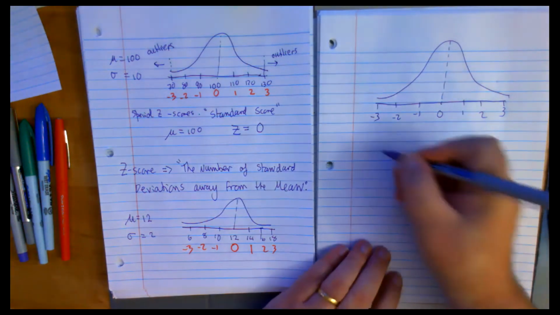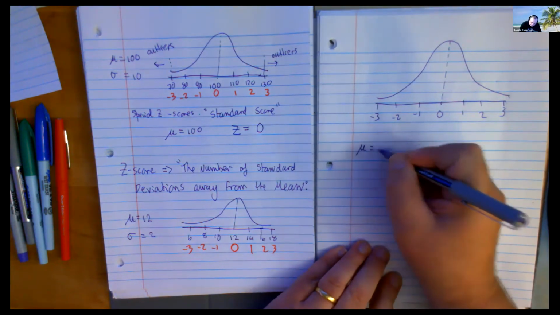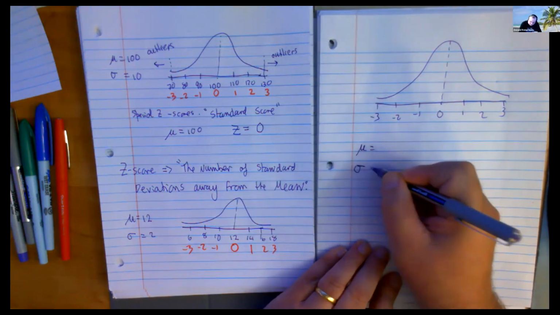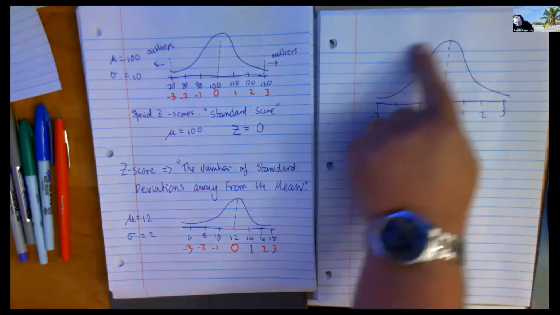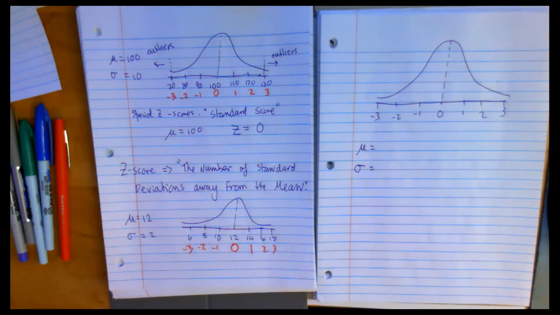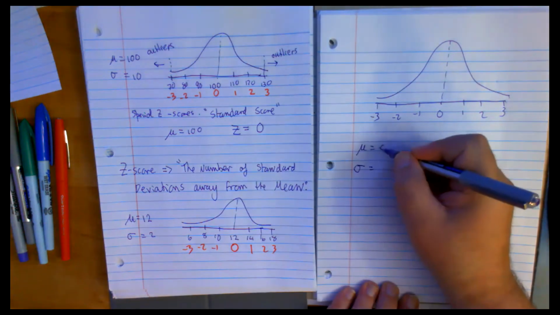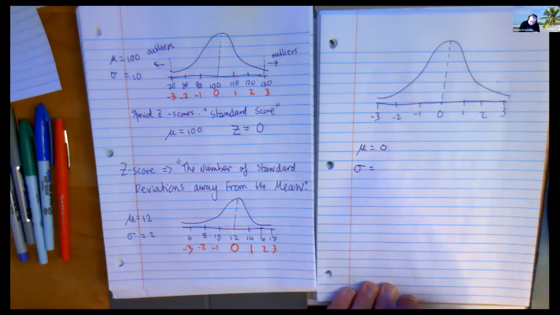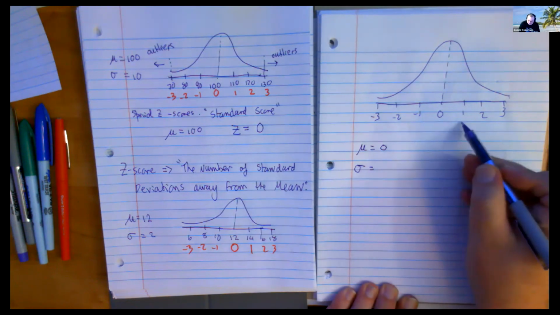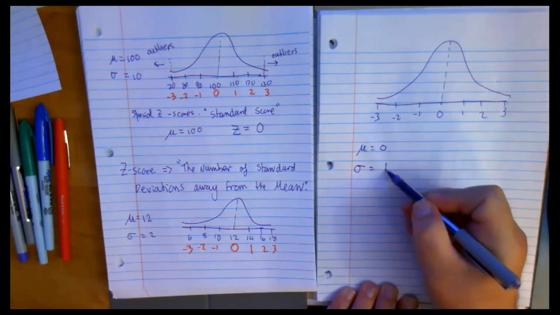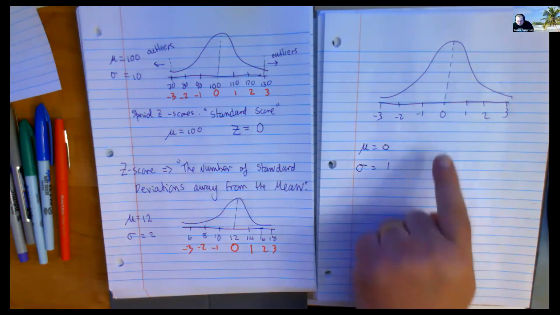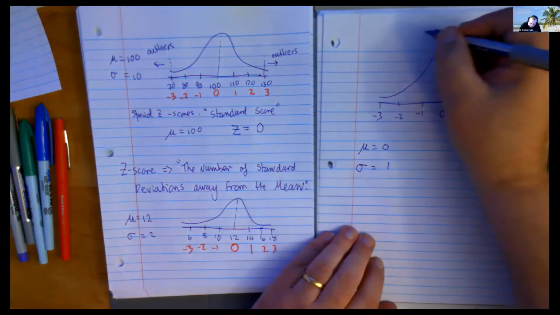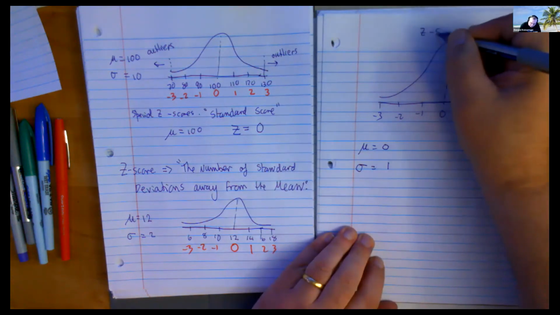Would you also agree that this is a very special one because the mean and the standard deviation are very simple numbers? What is the mean of this distribution? 0. And what's its standard deviation? 1. Yes. If you were making one, wouldn't that probably be one of the simplest combinations you could create? This one is the distribution of z-scores.